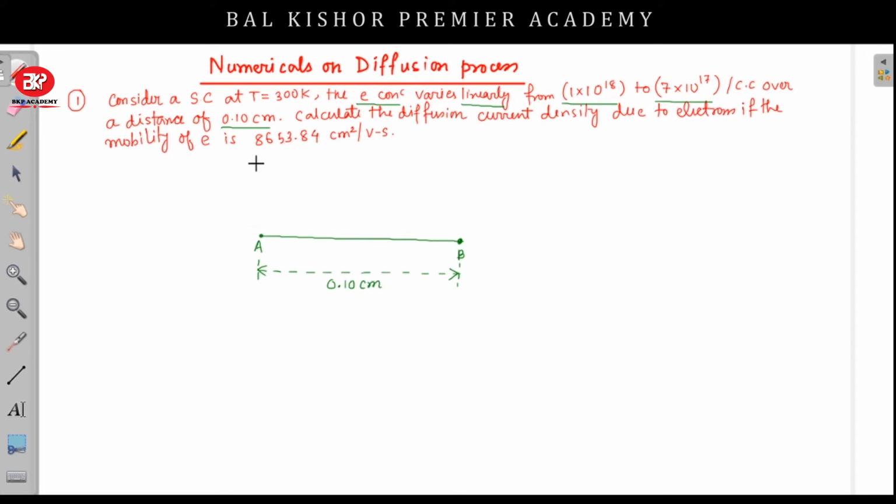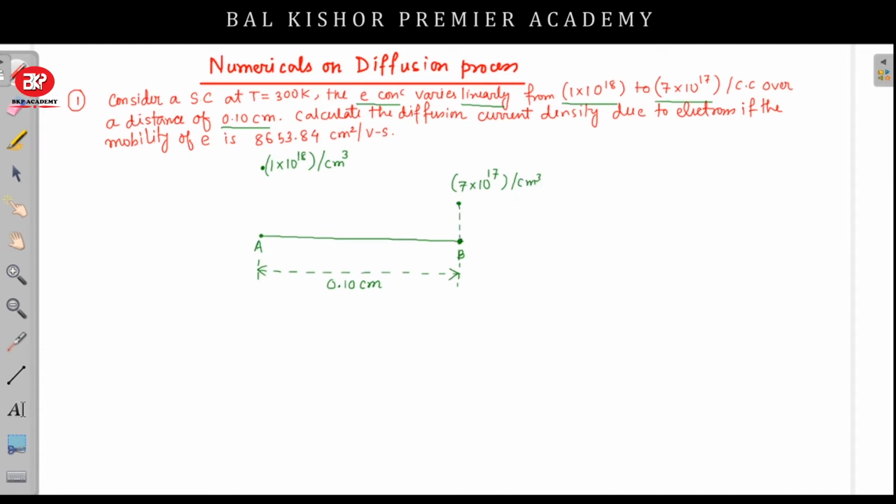The electron concentration at point A is 1 into 10 to the power 18 per centimeter cube, and at point B it is 7 into 10 to the power 17 per centimeter cube.